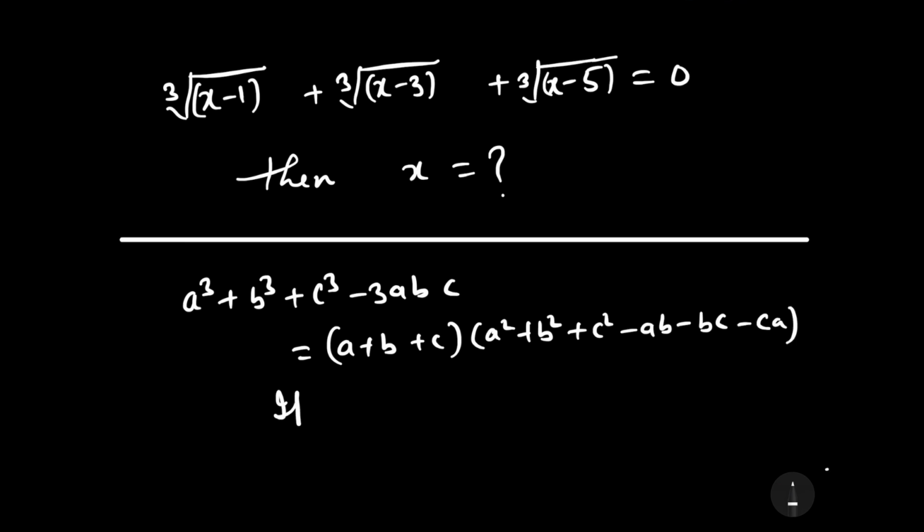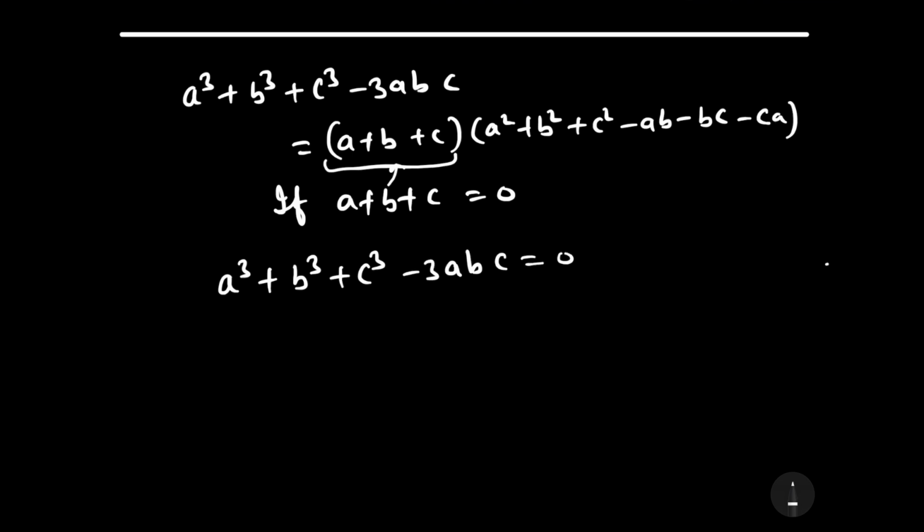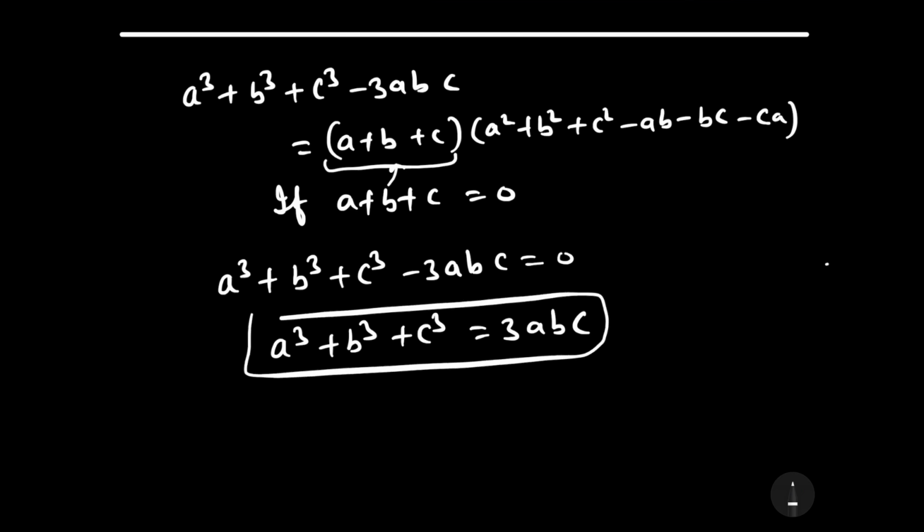And if a plus b plus c is equal to 0, then putting this value in the above identity, the right-hand side becomes 0, so a cubed plus b cubed plus c cubed minus 3abc is equal to 0, which can be written as a cubed plus b cubed plus c cubed is equal to 3abc. With the help of this identity, we will solve this question.